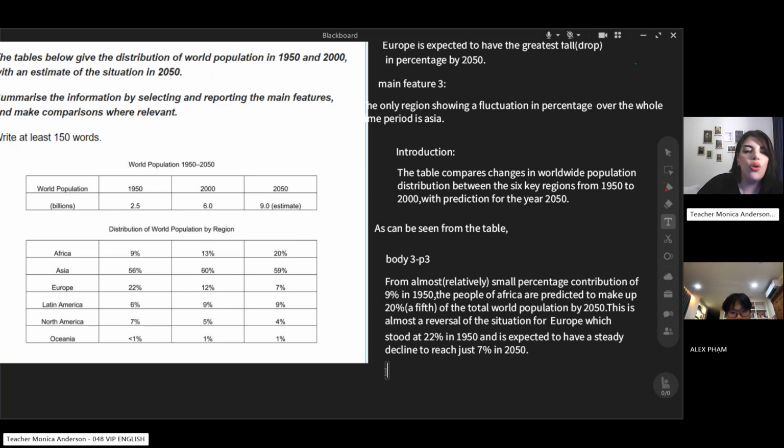Yeah. Or you can also say that is expected to continue with steady, because as you can see, 22, and then we have 12 and 7, like steady. It's not really dramatic. Okay, so this is about body paragraph 3.